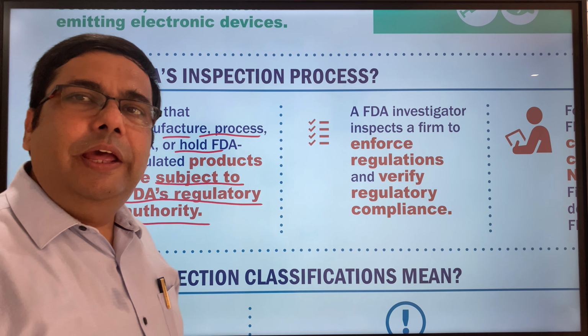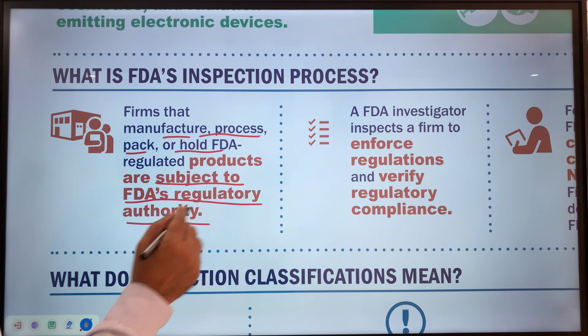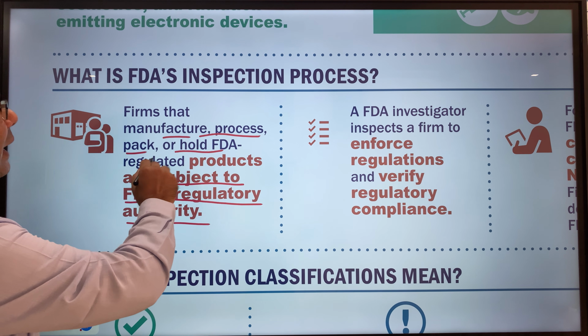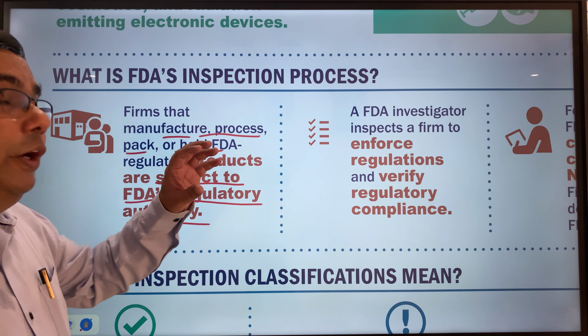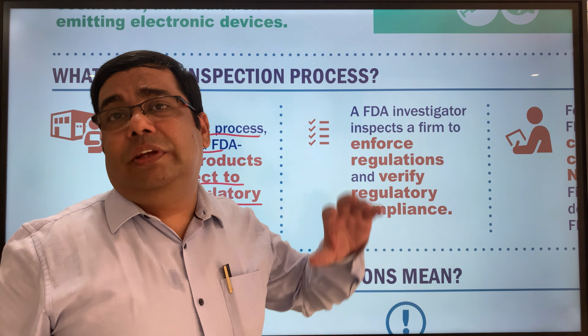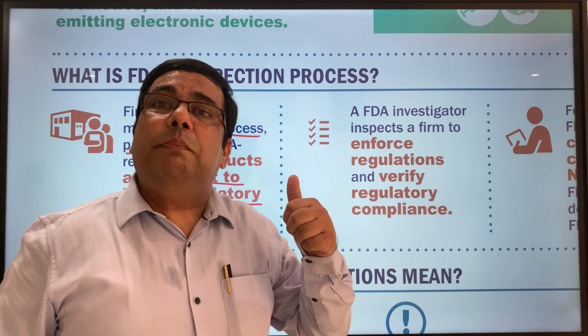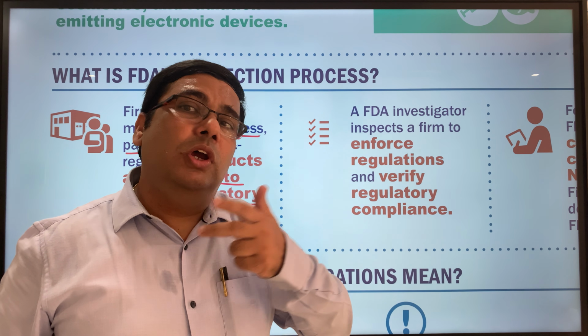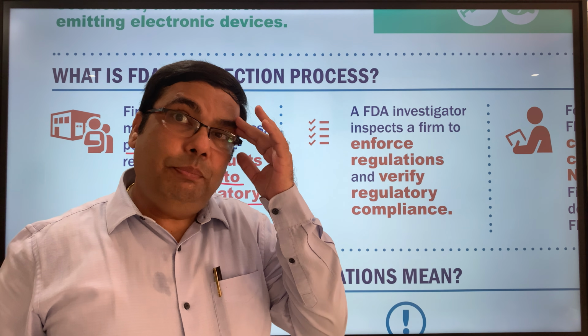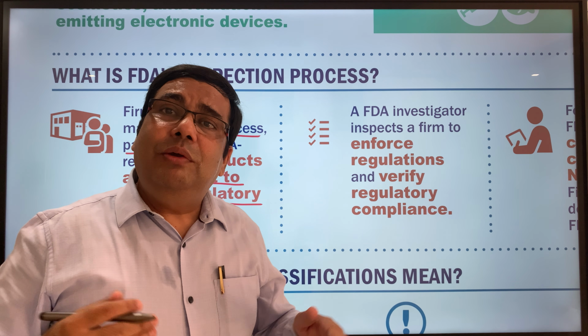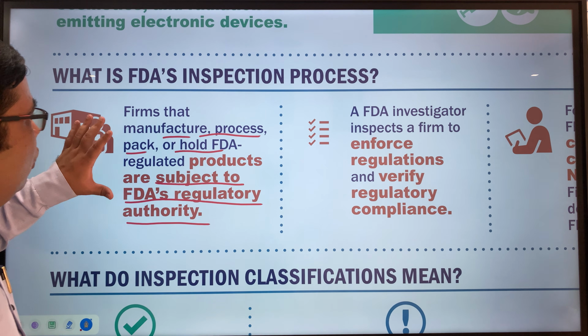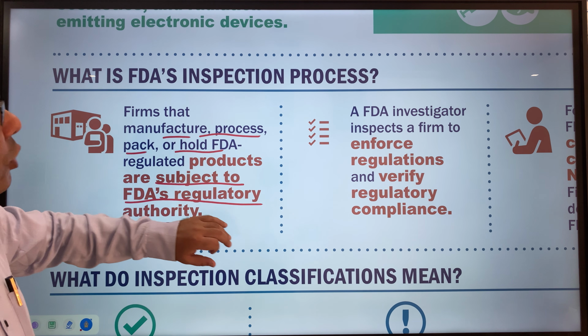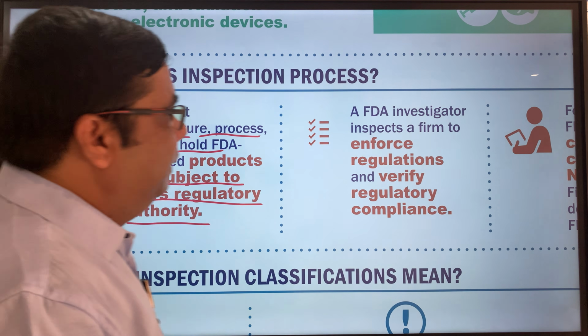So the point here is the companies who are manufacturing, processing, packing or holding FDA regulated products. Now what are the FDA regulated products? Just now what we discussed: human food, drugs, tobacco products, medical devices, biological products, radiation emitting electronic devices. If you are manufacturing these products, then FDA will inspect the facility.